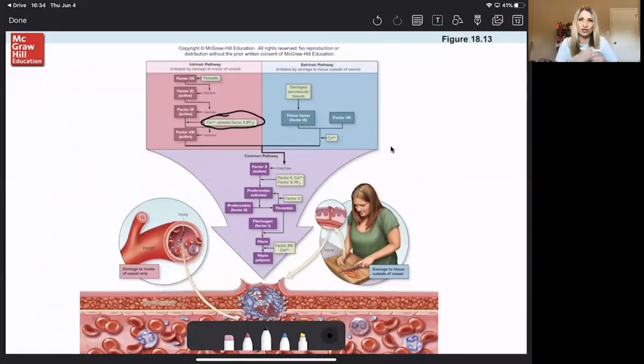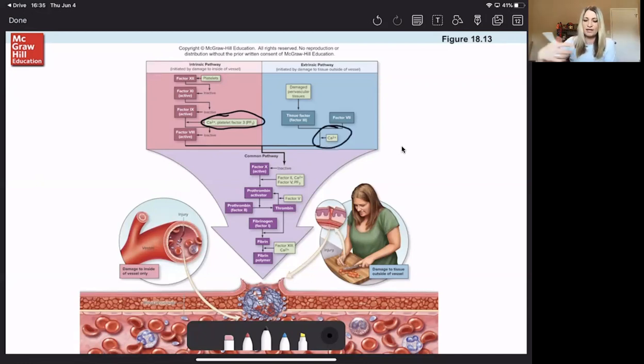And usually external damage to the vessel involves more significant bleeding than internal damage, which is from various processes from the inside. And so here what you can see is that in the extrinsic pathway, thromboplastin would be released here. It combines with factor 7 and then the calcium is going to enter here as well.